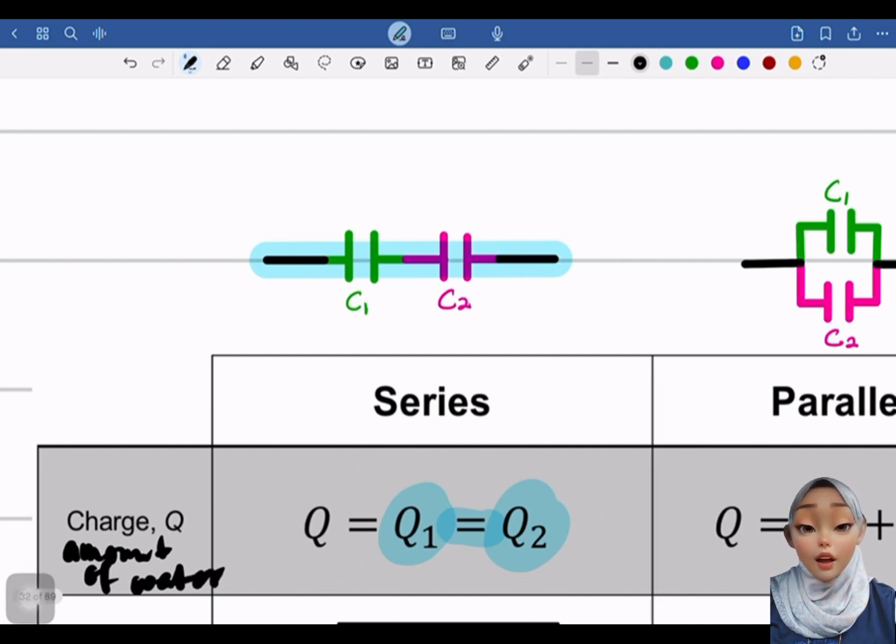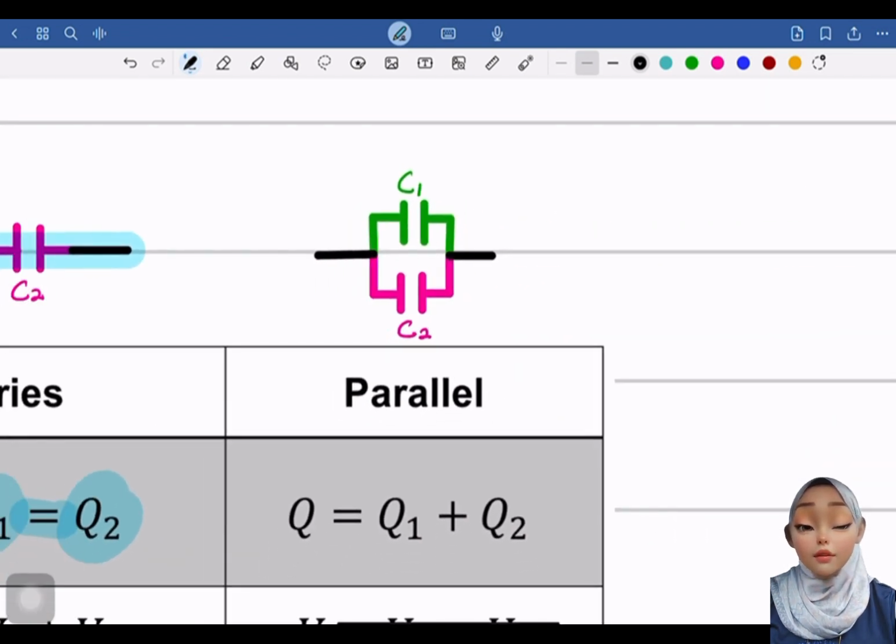Okay, now let's take a look at the arrangement for capacitors in parallel. So we see here again, this is the main river, but once it reaches the junction, it then divides into two parts. Even though they are divided, it doesn't necessarily mean they are equally divided. It may be different, it may be the same, depending on the capacitance.